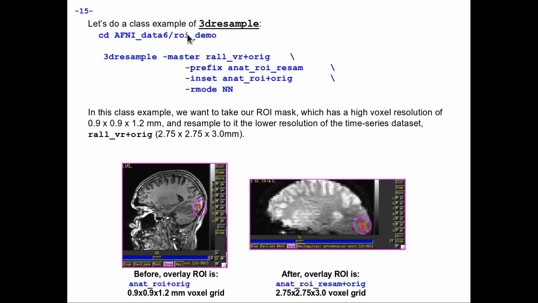You can do this command in the AFNI_data6 ROI demo directory from our class data, if you like. Okay, so we resampled from 0.9 by 0.9 by 1.2 to this low resolution data set. And why do we do that? Because all of our data is at that low resolution. We don't actually need it at the high resolution, but we do need to assess it on our actual data that we've analyzed.